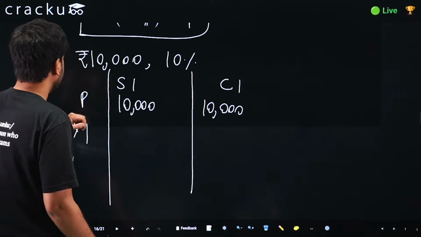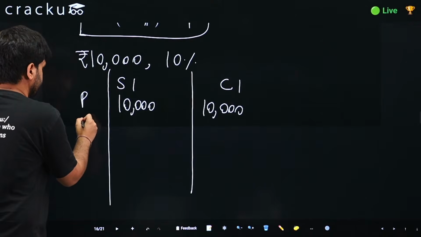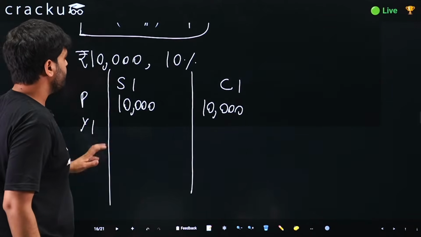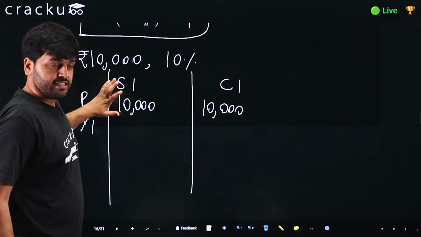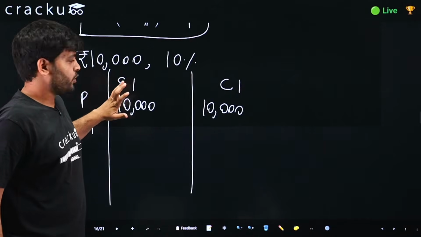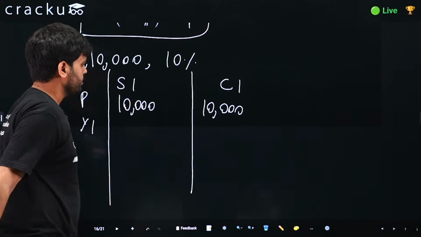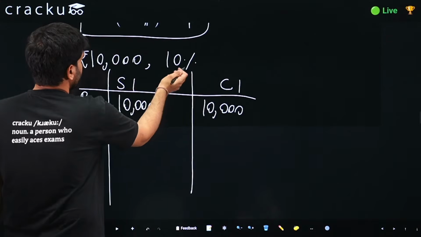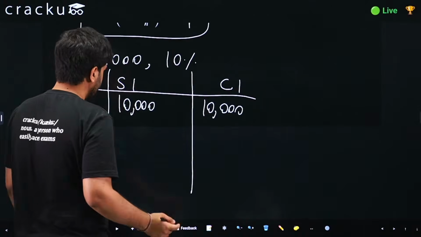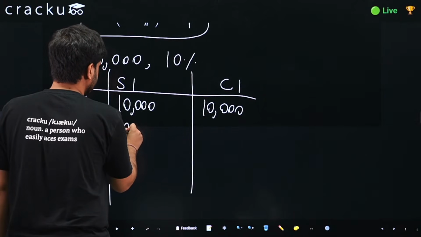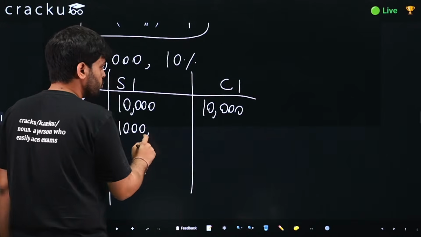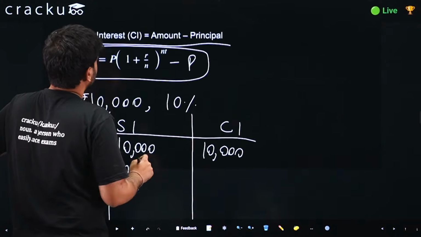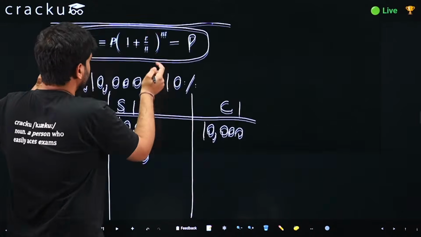So for year 1, what would be the amount as well as interest for the simple interest case? It would be 10% of 10,000, which is 1,000. So interest would be 1,000. Amount, we already know, is principal plus interest.